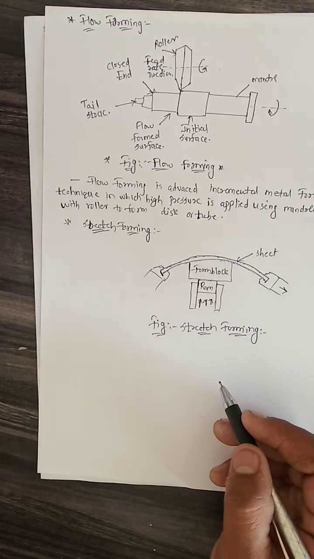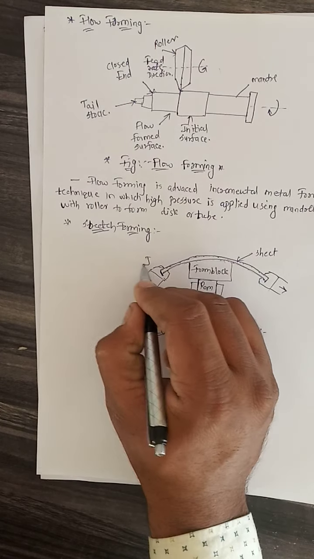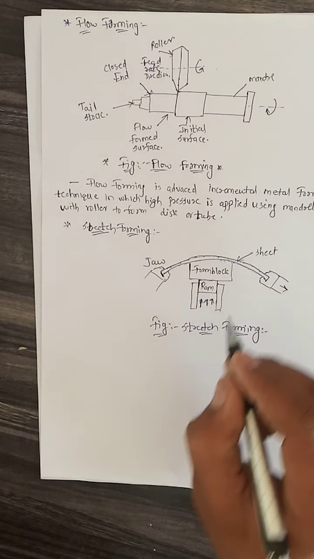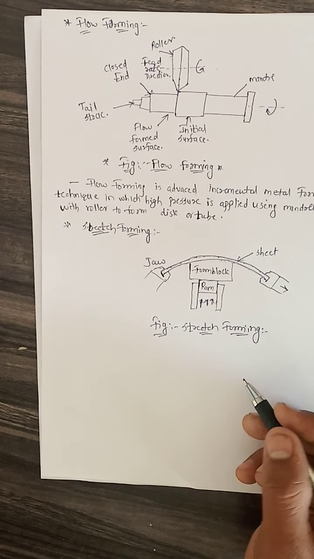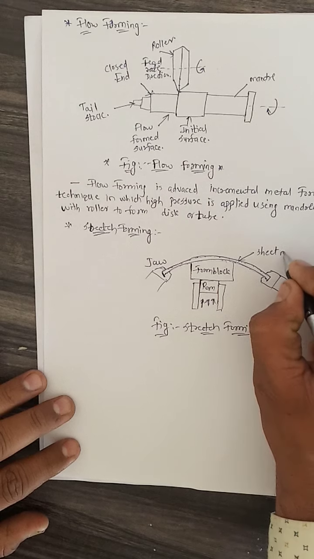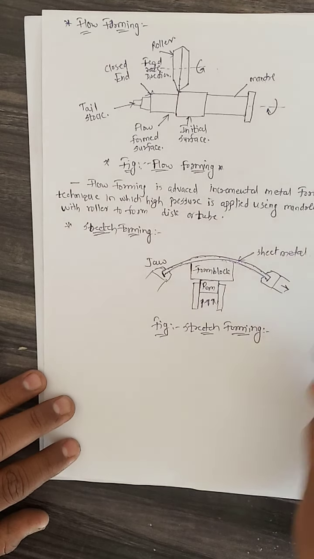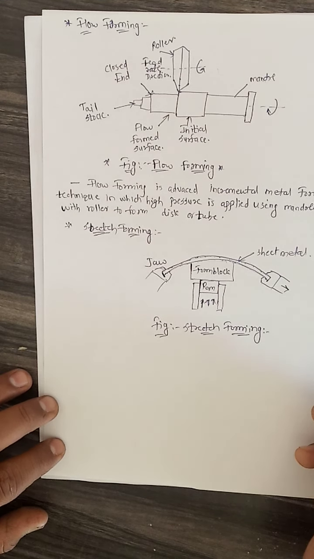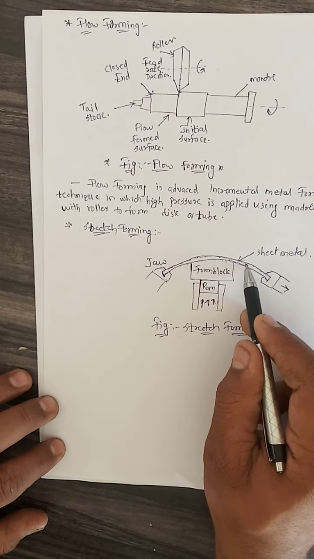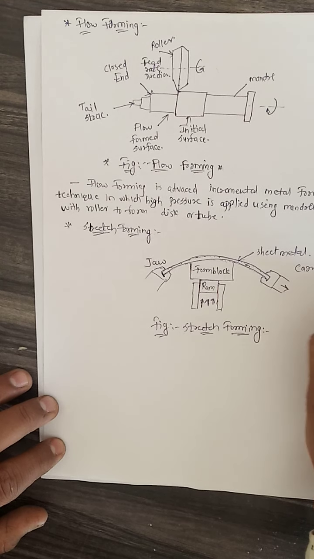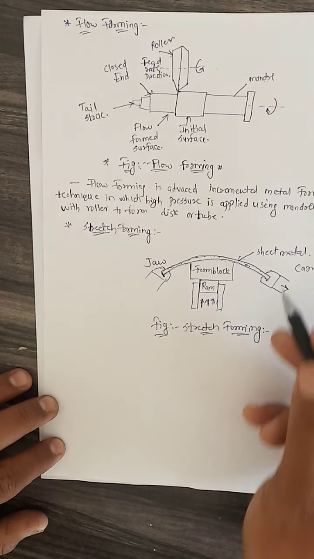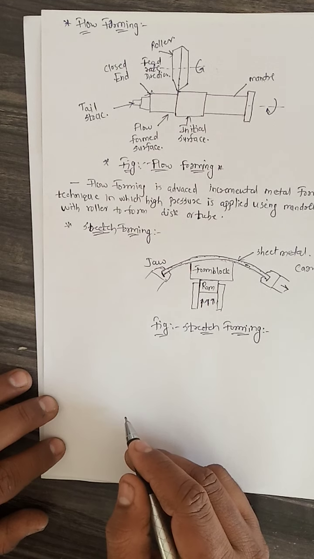Now, see here, I will first do the explanation. Here is a sheet metal, so as to do the job on it. Then here there is also a carriage to fix the jaw.